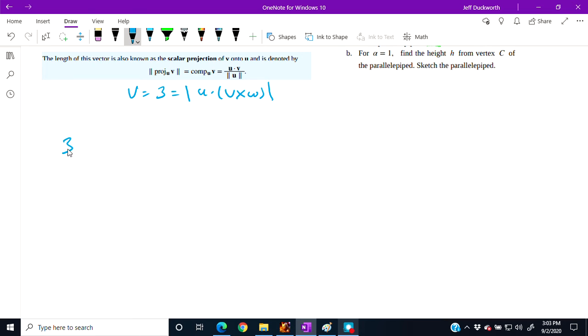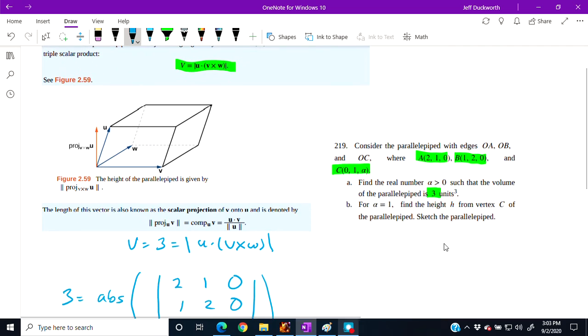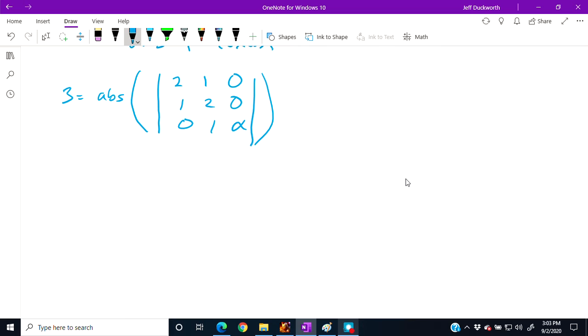So 3 equals the absolute value of this whole thing. Our A, which will be our u here, is 2, 1, 0. Then our v is 1, 2, 0. And finally our w is 0, 1, and then alpha, as I recall. Just verify that. 2, 1, 0, 1, 2, 0, 0, 1, alpha. So I'm taking the determinant of all that.